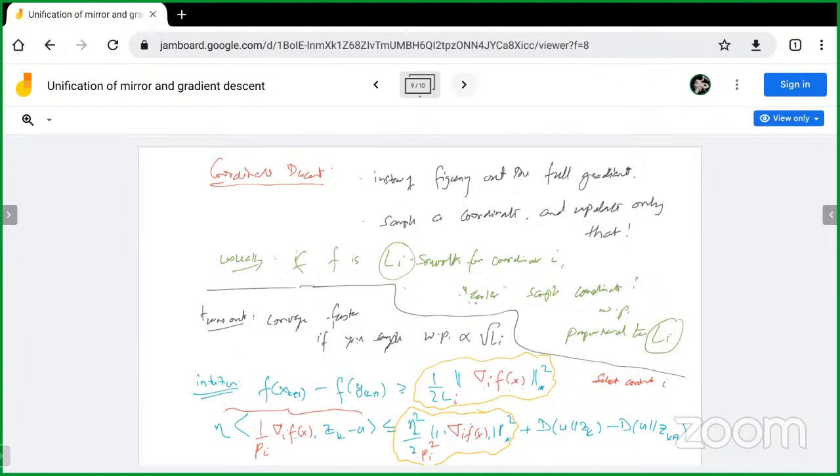Another line of work is solving LPs, in particular this line of work on robust LPs.